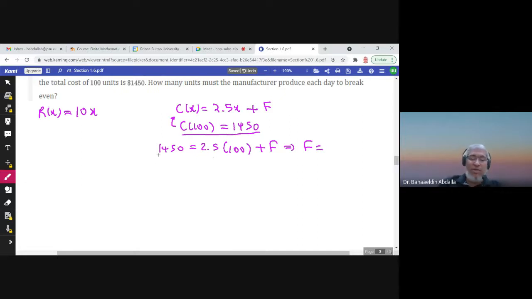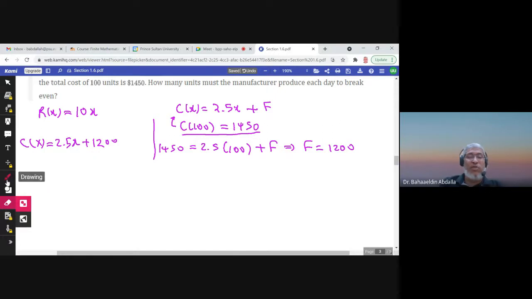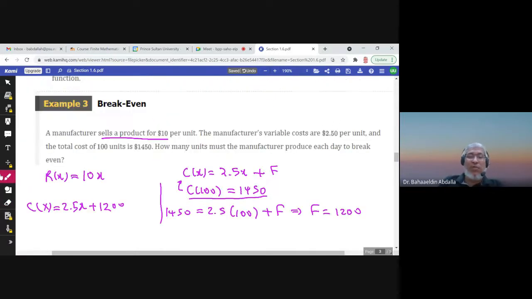So it's 1,450 minus 2.5 times 100, which is 1,200. So this is the fixed cost. And I have now the total cost would be 2.5x, the variable cost, plus 1,200. So we were able to find the fixed cost using the information given in the question.